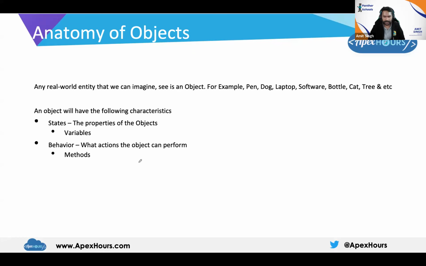For example, this mobile phone is an object, and every object will have 2 things: states and behaviors. States are the properties, the information about any object.